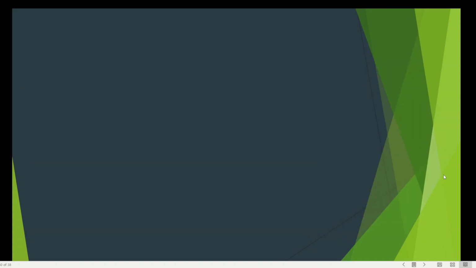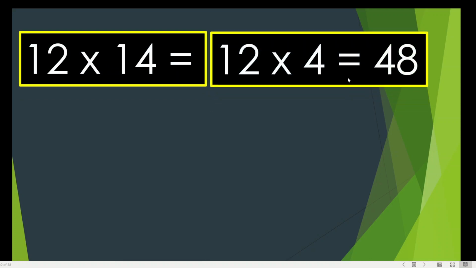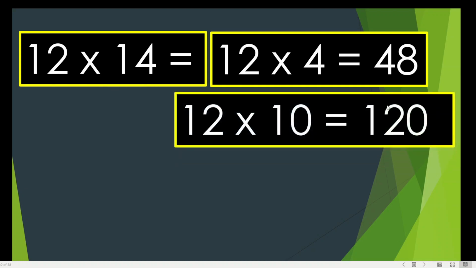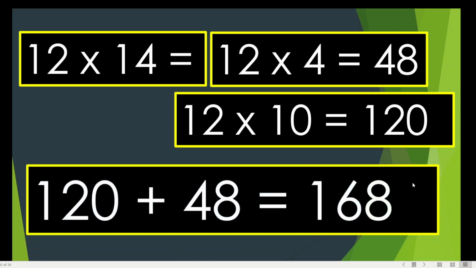Alright, next we have 12 times 14. 12 times 4 equals 48. And for our second partial product, 12 times 10 equals 120. 120 plus 48 equals 168. Very good.